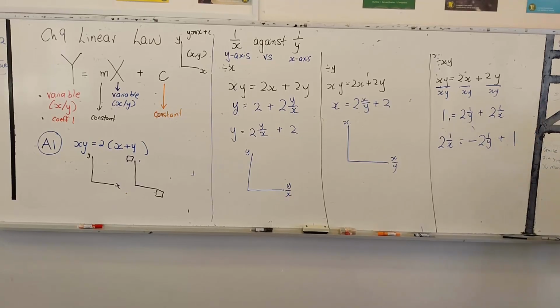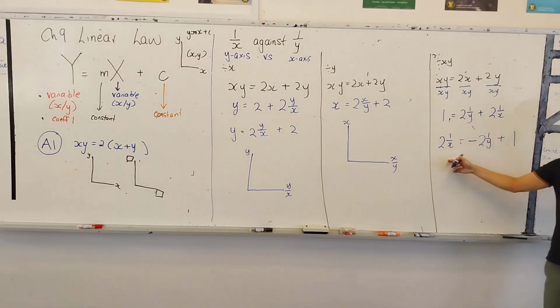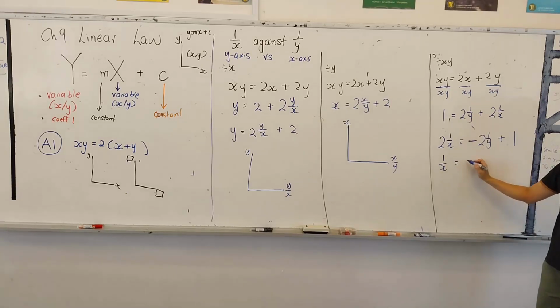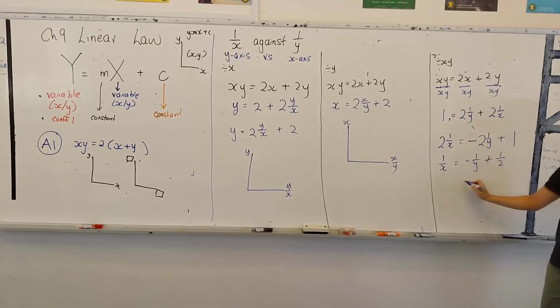Okay, plus 1. What happened is I just bring this over. Okay, what did I say about the coefficient? It must be 1 here, right? So divide by 2.